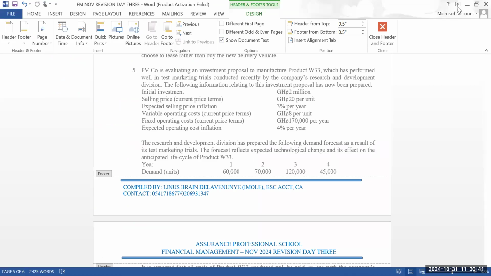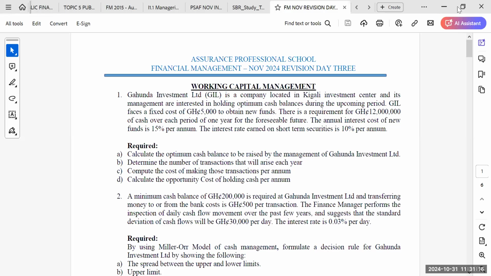The PPP is under the sources of finance. Okay, so let's start with working capital management.